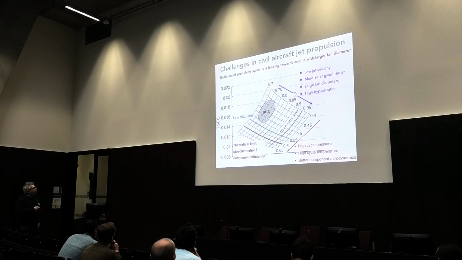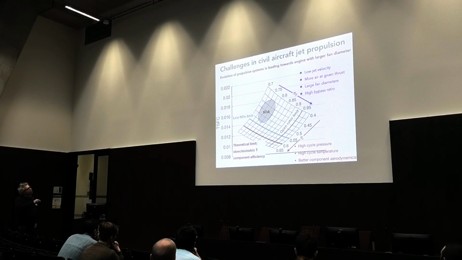So the thrust-specific fuel consumption is an image of the efficiency of the engine, or an image of the fuel that is burned, or also an image of the CO2 that is emitted. And you have 2 avenues there. You have first the propulsive efficiency avenue here.